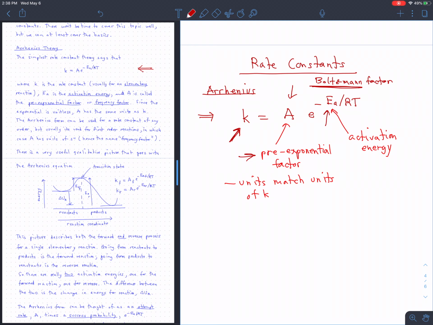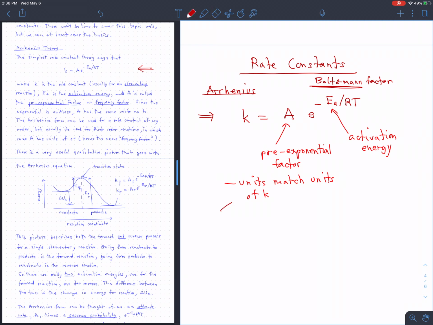There's a qualitative picture that goes with this and that helps interpret these two quantities, the pre-exponential factor and the activation energy, and we'll talk about that in a minute. But for the moment, those are the parameters that go into the Arrhenius equation.